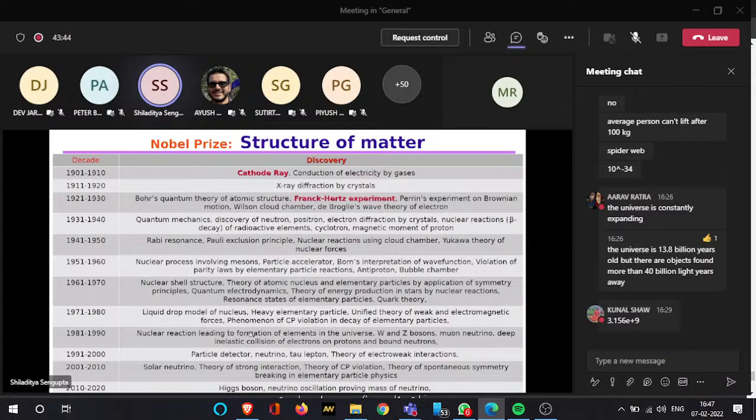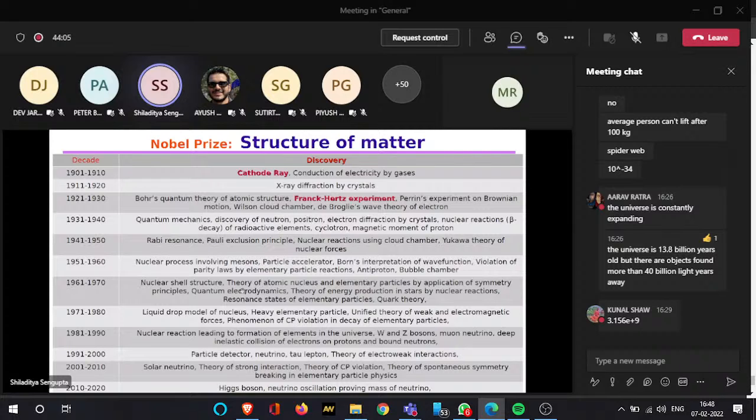The end product at the moment is what we call the standard model of matter or of the universe. This is the subject of particle physics, or what is called high energy physics.